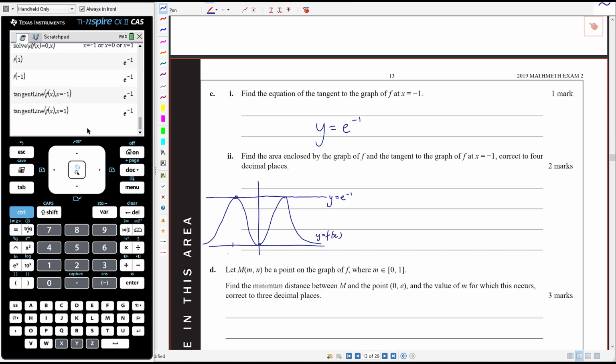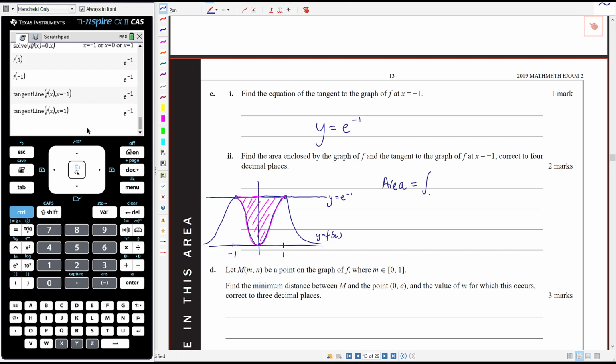That was at x equals -1, that's at x equals +1. So we want to find the area enclosed by the graph of f and the tangent to the graph of f at x equals -1. So we're looking to find this area in here, so the tangent and the graph of f, the area enclosed by that.